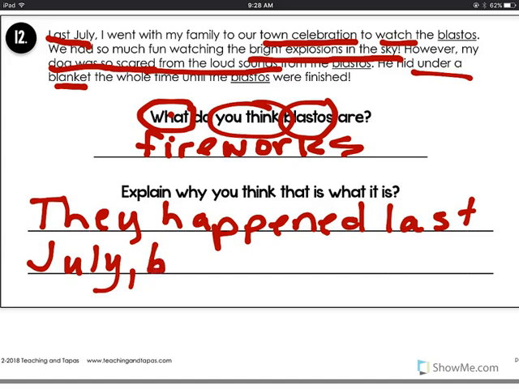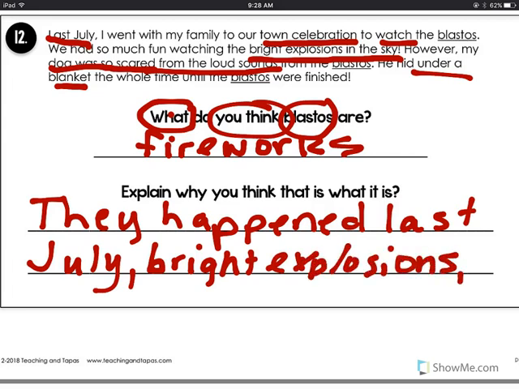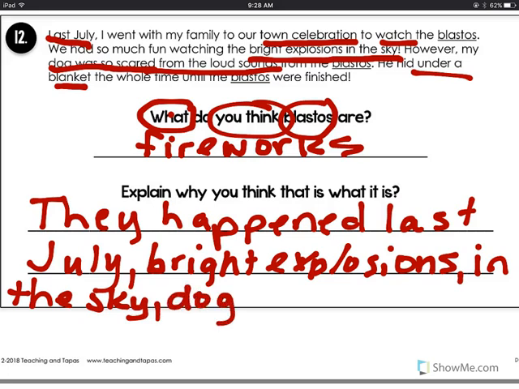There's bright explosions. And, oh, I want to add in the sky. And the dog was scared and hid.